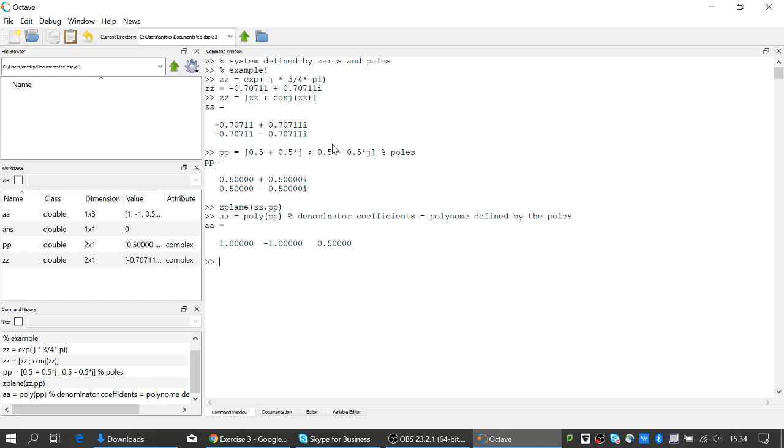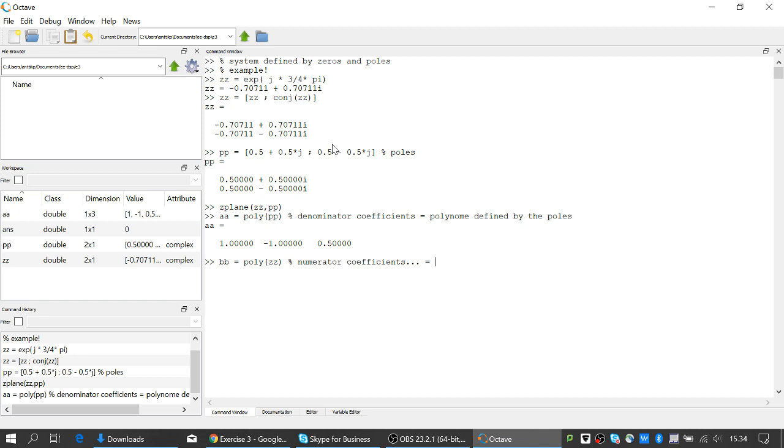Okay. Same thing for the numerator. This is the polynomial defined by the zeros. So these are the coefficients. And just a reminder of where these actually go.